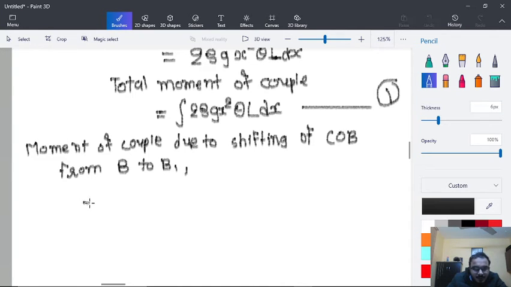So here it will be equal to Fb multiplied by BB1.